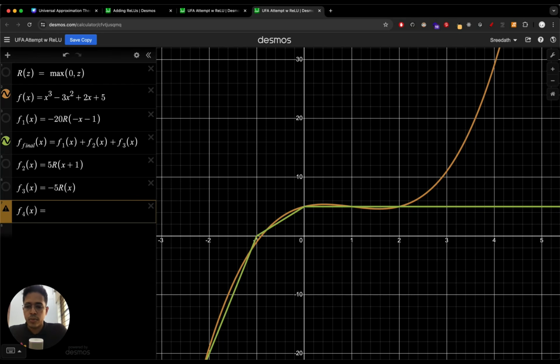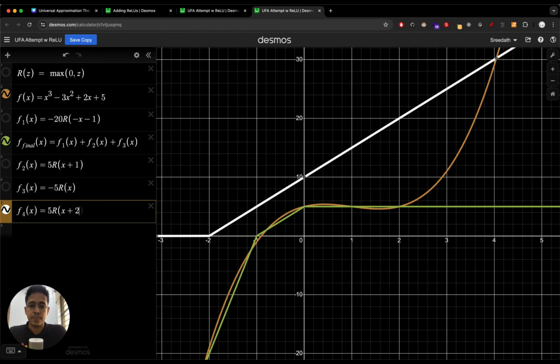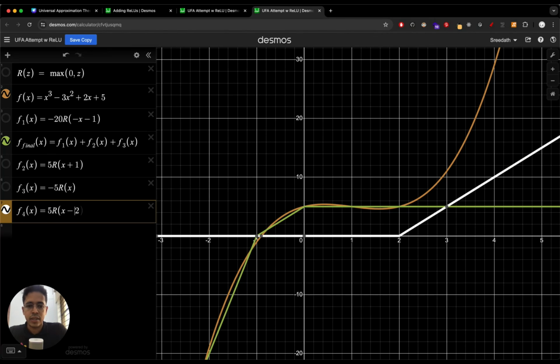What should be my slope? Slope should be 5, right? 5 times ReLU of x minus 2, so that the transition point happens at x equal to plus 2. So now this is this white line and let us add this onto our final.